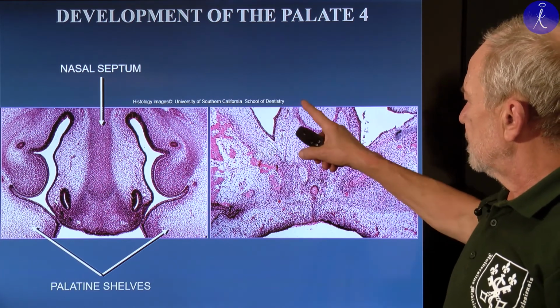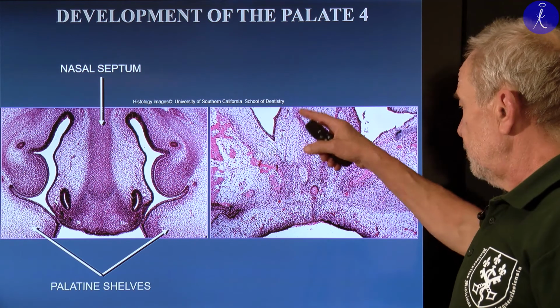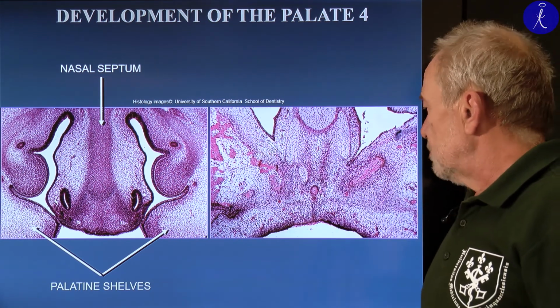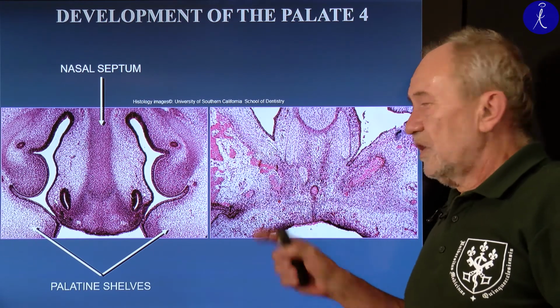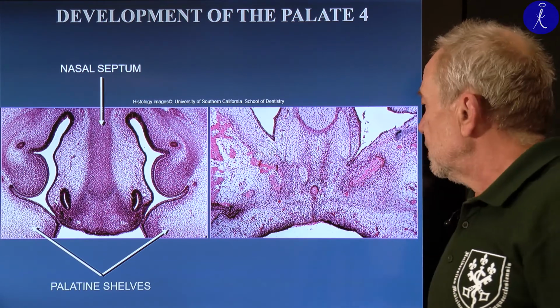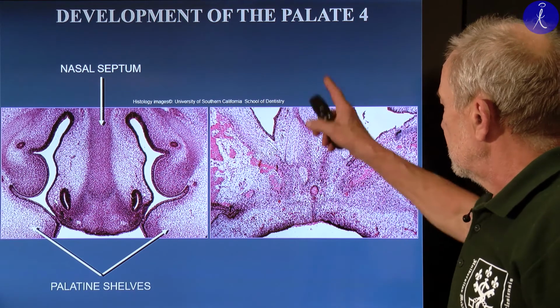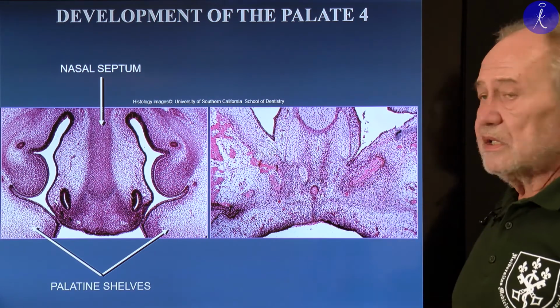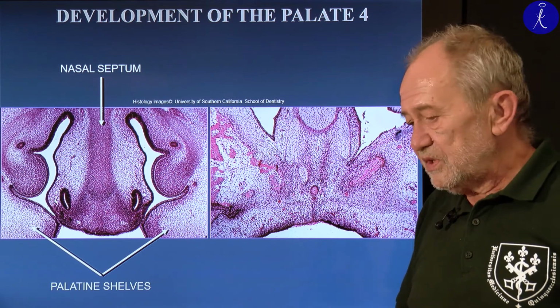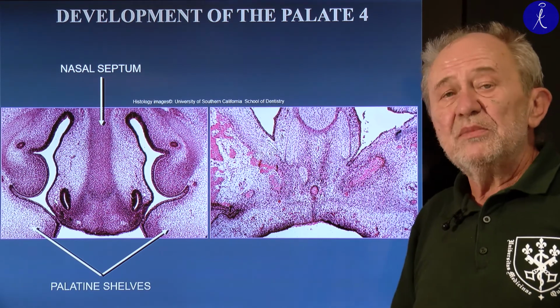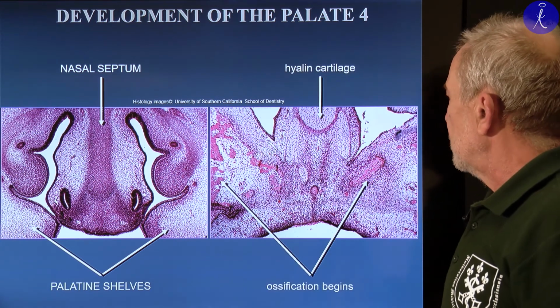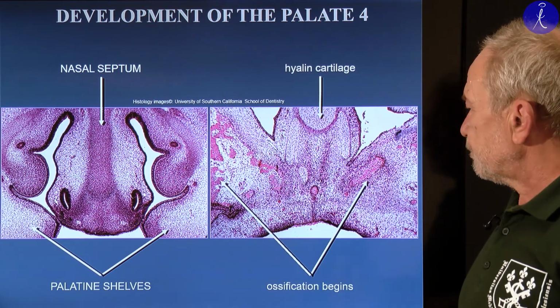The cartilage of the nasal septum appears, pure beautiful hyaline cartilage, and you can recognize, I hope you do, that ossification started to go on the sides of the growing nasal septum. This one is of desmal type, so this is desmal or intramembranous bone formation, how the palatine shelves and the palates develop.